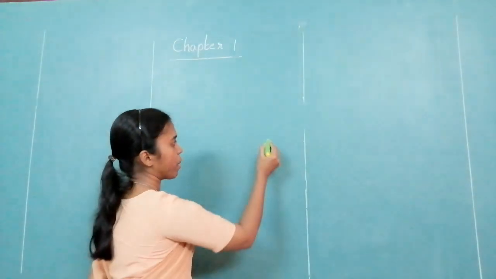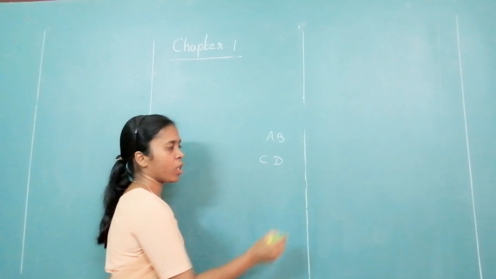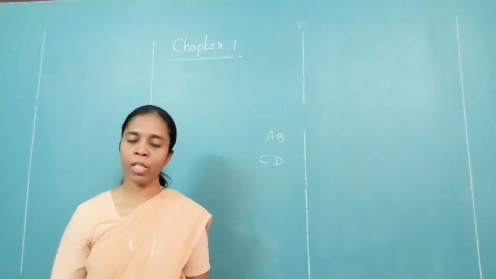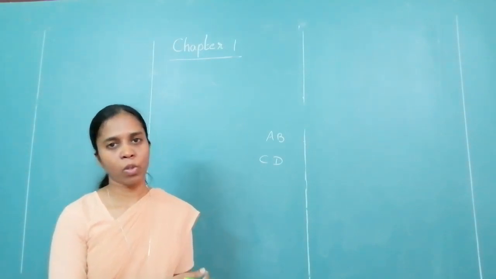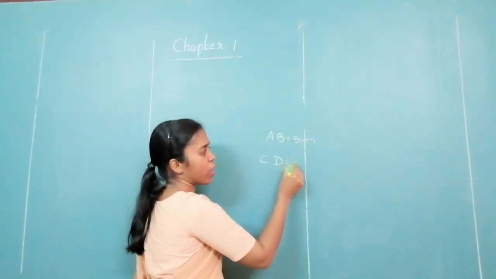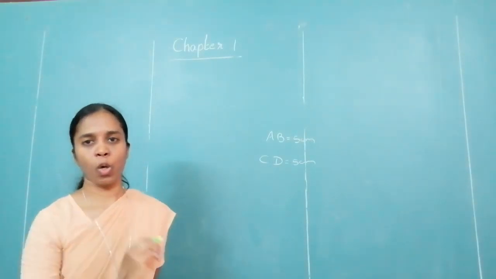Suppose I have two segments, that is segment AB and segment CD. When can I say these two segments are congruent? When can I say these two are equal? If the measure is same. If AB is equal to 5 centimeter, how much CD should be? 5 centimeter. Then only I can say they are congruent.